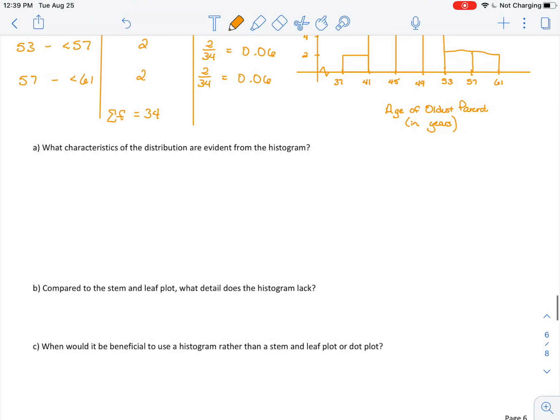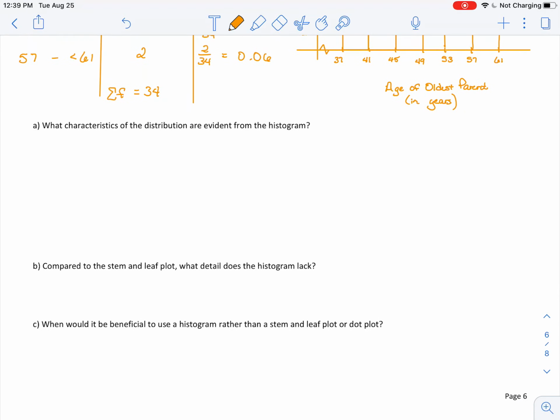You didn't calculate this. You'd say, it's about 48. So I'm going to put the typical age. So it's about 48 years old.